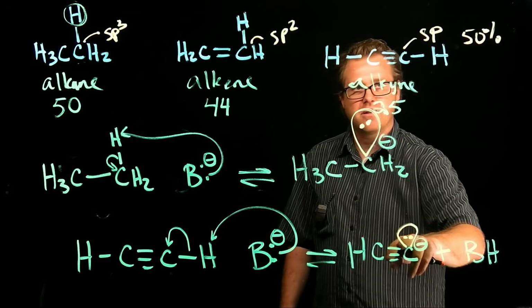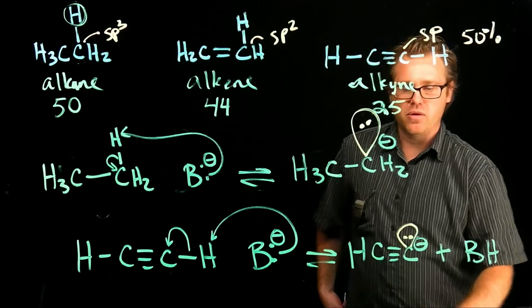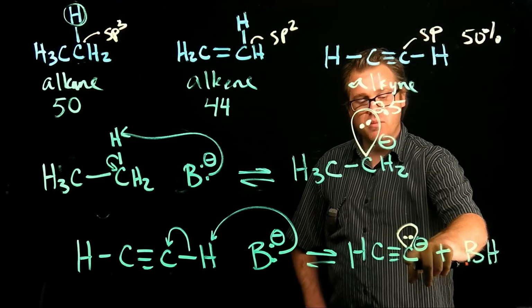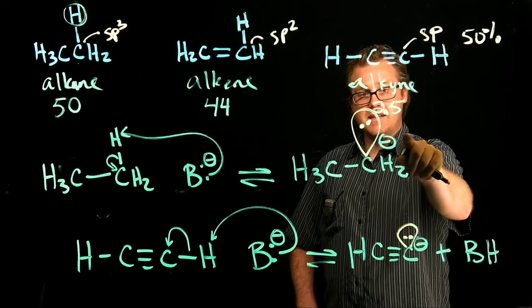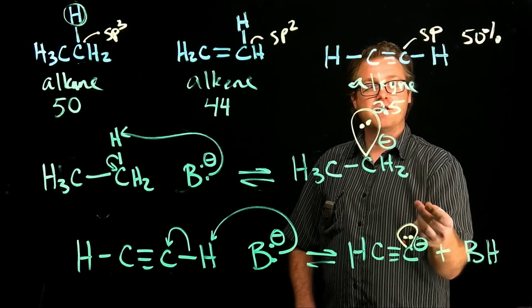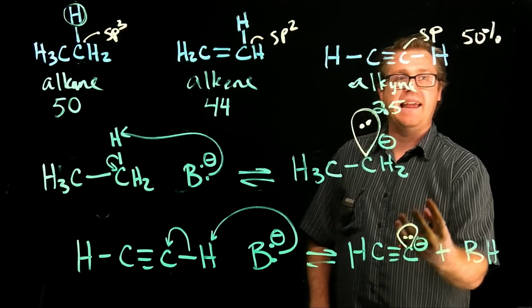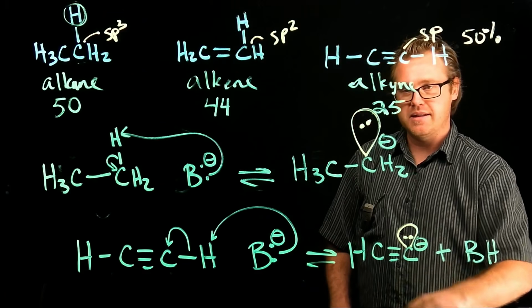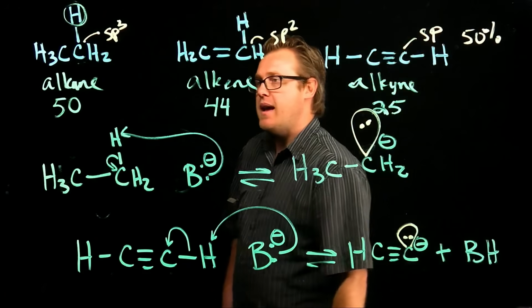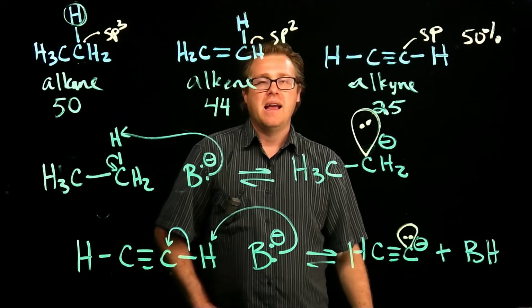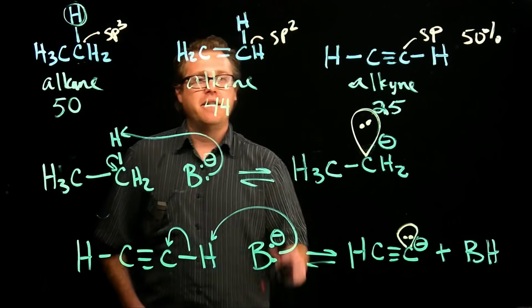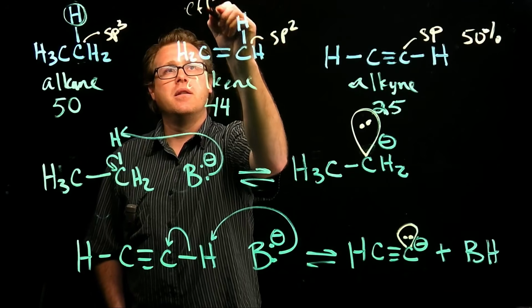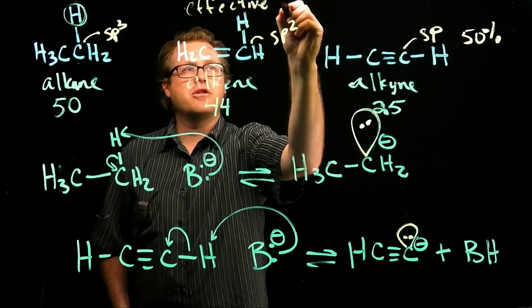It has more s character. So this conjugate base is more stable than this conjugate base because the electrons are stabilized by getting closer to the positively charged nucleus. It's a stabilizing effect. And so what we're seeing here is another idea called effective electronegativity.